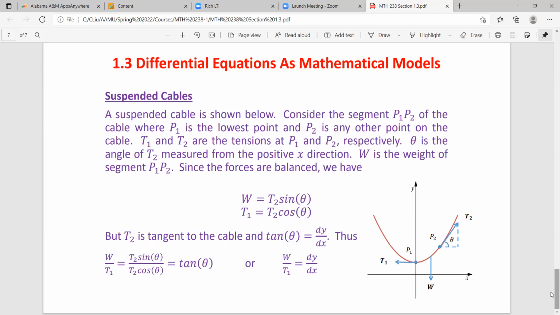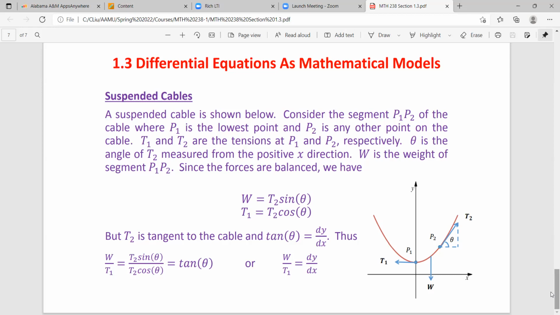So if we decompose all the forces along the horizontal and vertical axes, how many forces do we have? We have two tensions, T1 and T2, and the weight, gravity.